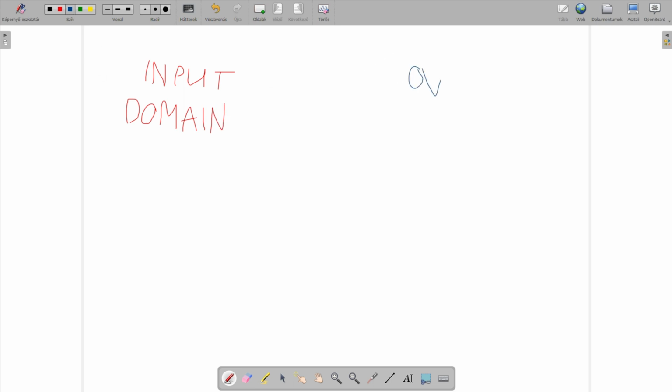And then we have an output, and we call the set of numbers here the range. Basically, the thing that the function does is get us from the domain to the range. It takes an input and gets an output. It's that simple, basically. So that's a function.